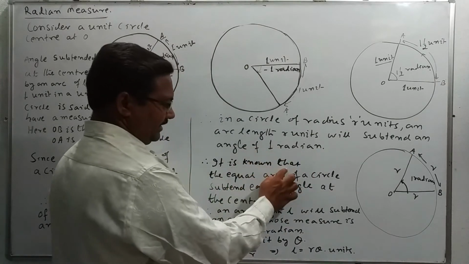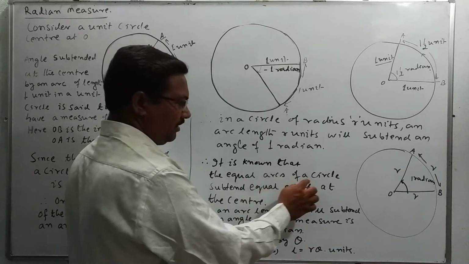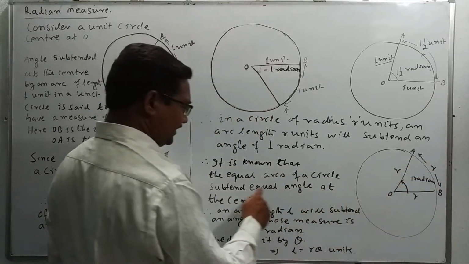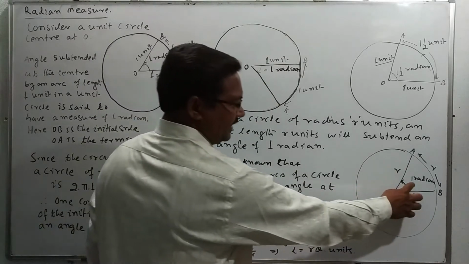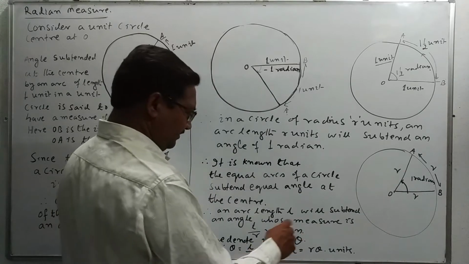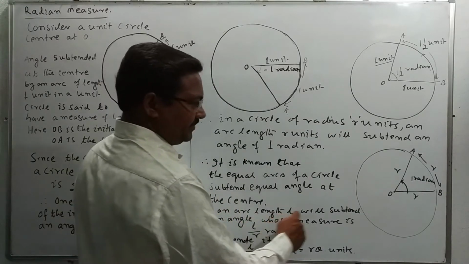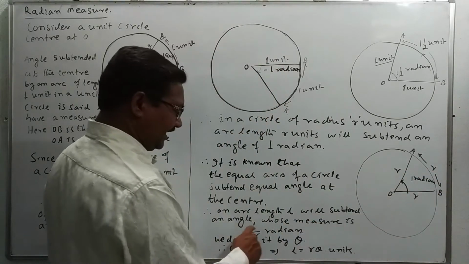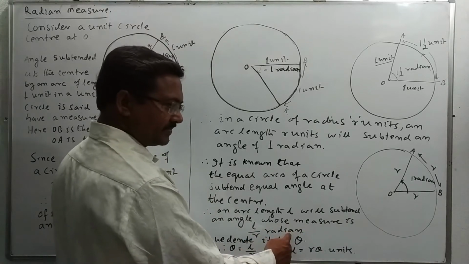It is known that equal arcs of a circle subtend equal angles at the center. Here, in a circle of radius r, if we take an arc length l, it will subtend an angle whose measure is l by r radian.